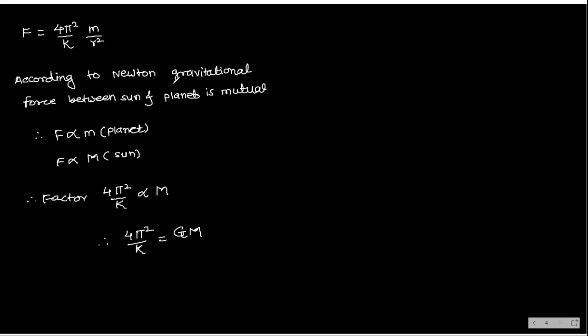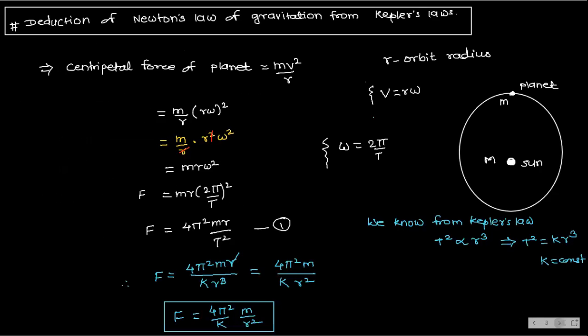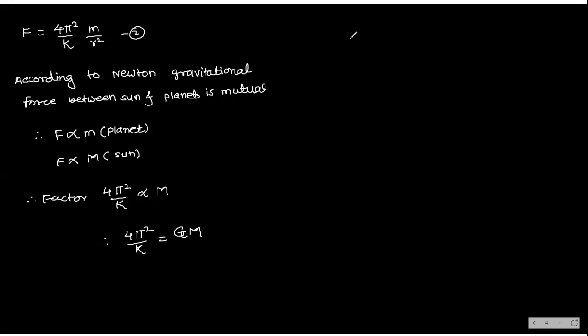Now let's substitute in this equation, equation number 2. Substituting in equation number 2, F is equal to, in place of 4 pi square by k, what should I substitute? G M. And therefore F is equal to G M into m by r square.